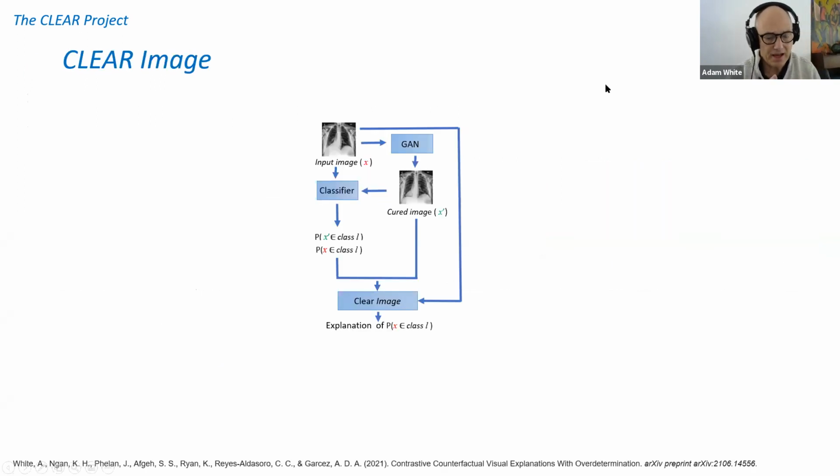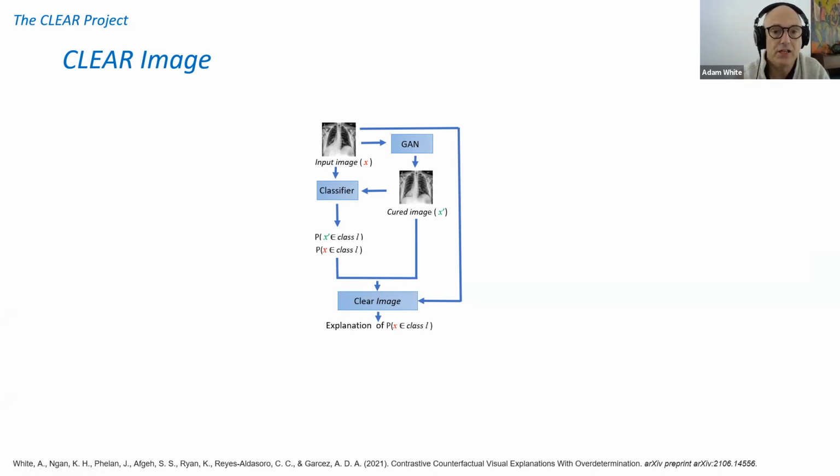Now, clear image, by contrast, uses a GAN to generate a relevant contrast image, and then explicitly explains an image's classification relative to that contrast GAN. For example, we carried out an analysis of X-rays of patients with pleural effusion, which is a disease of the lungs.